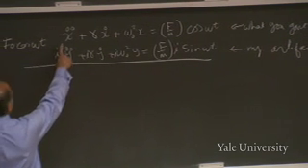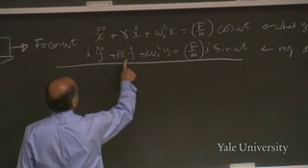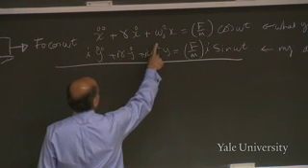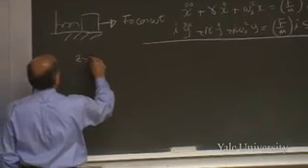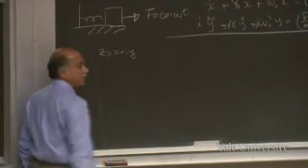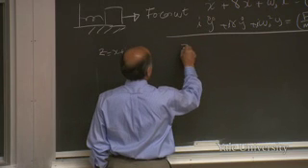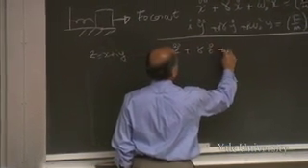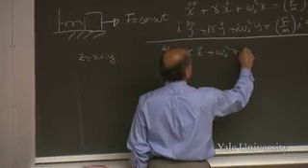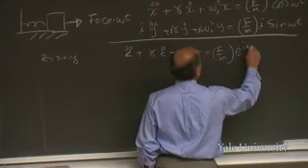Then I have x plus iy double dot plus gamma times x dot plus iy dot plus omega naught squared times x plus iy. Let's introduce a number z, which is x plus iy. It varies with time. Then this equation, by adding the two equations, looks like z double dot plus gamma z dot plus omega naught squared z is f over m e to the i omega t.